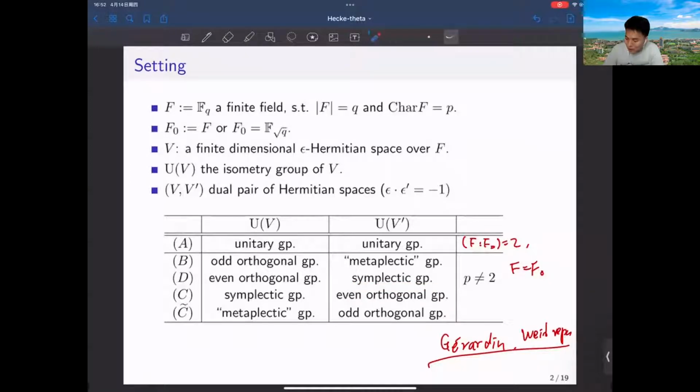You can switch the roles of V and V prime, and then you have the type C case, which is a symplectic group paired with an even orthogonal group. Then you have the type C tilde case, which is the metaplectic group. We call it the metaplectic group, but actually it's a symplectic group over the finite field, because over a finite field you don't have a non-trivial central extension of the symplectic group.